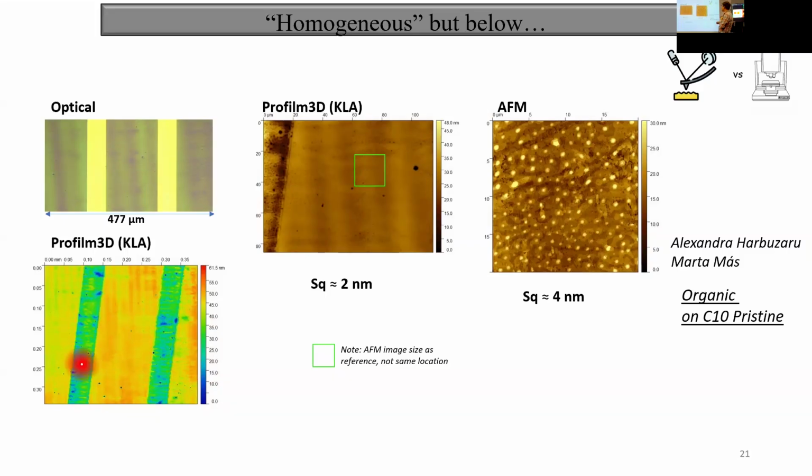And I am not sure if we are measuring this difference in height properly, okay? I doubt it. If we compare the roughnesses that we measure by AFM in 20 micron squares, we are in the range, but of course the lateral resolution that we have with the optical profilometer does not reach that of the AFM, okay, for this data.